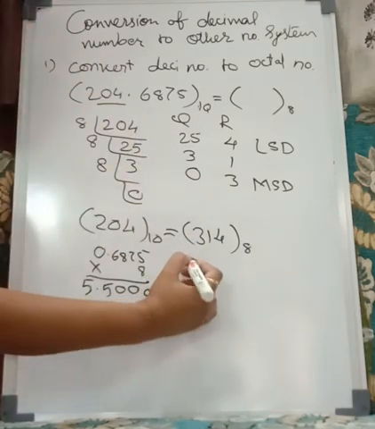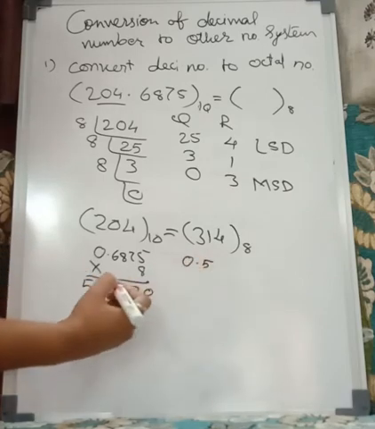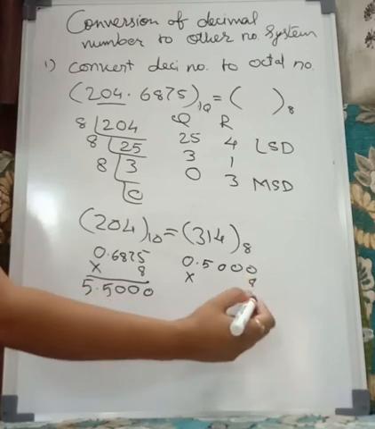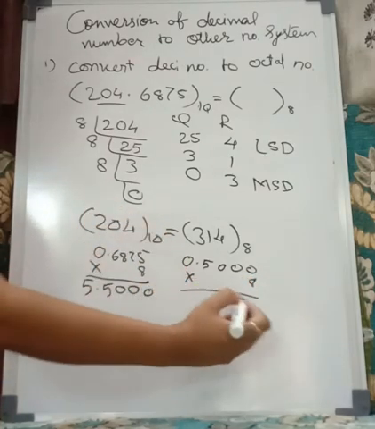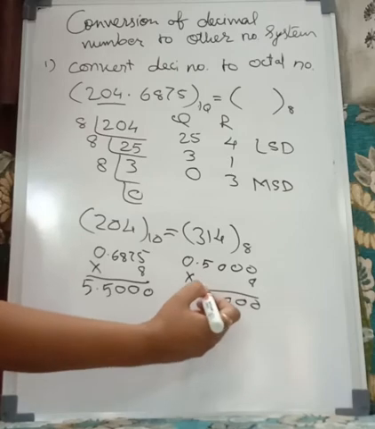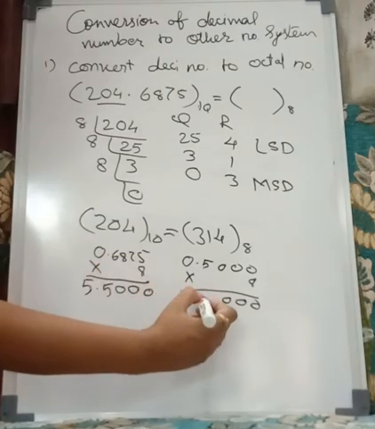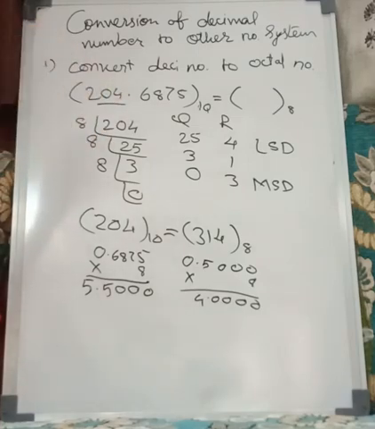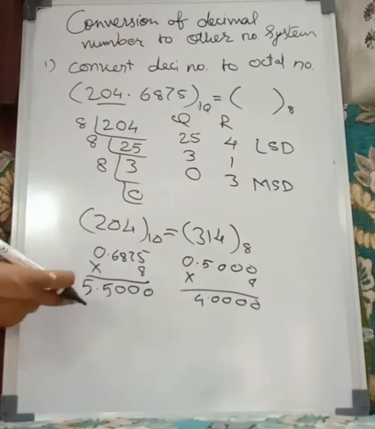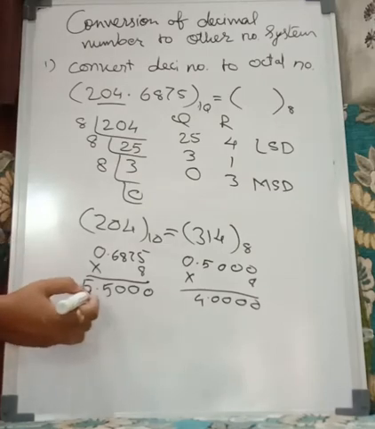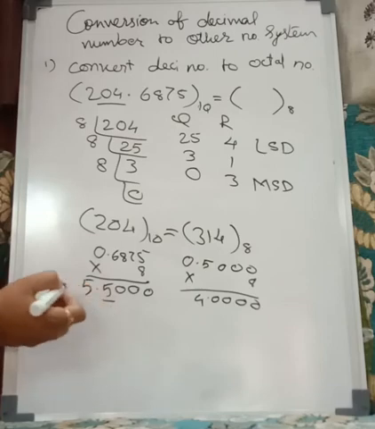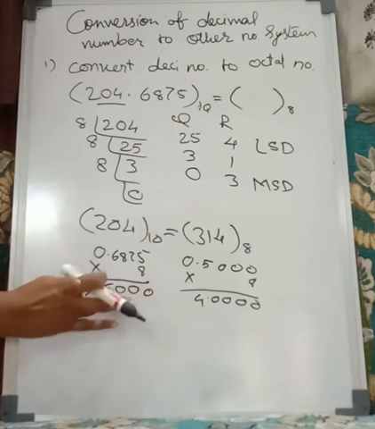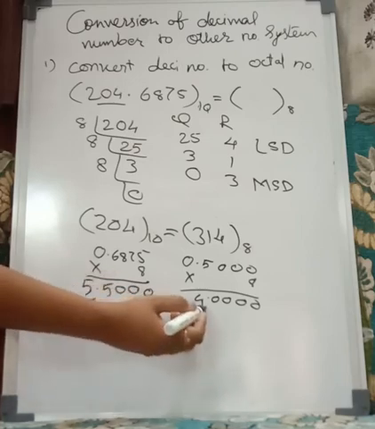That's why we'll take 0.5 multiplied by 8, and I'll get 4.0. So here first I have 5, and then I have 4.